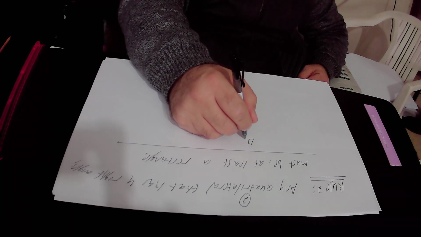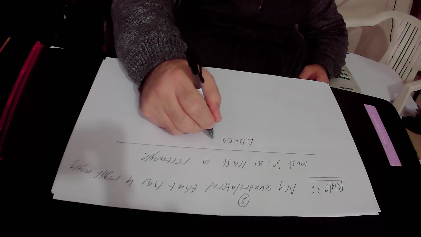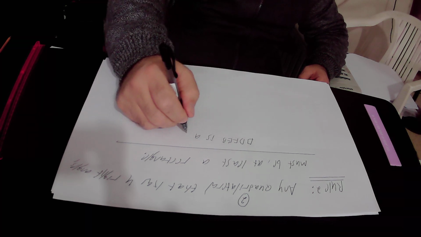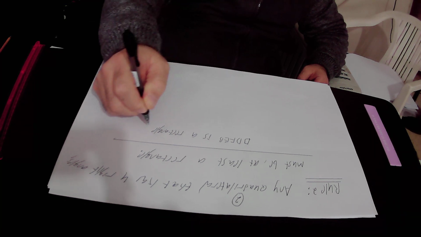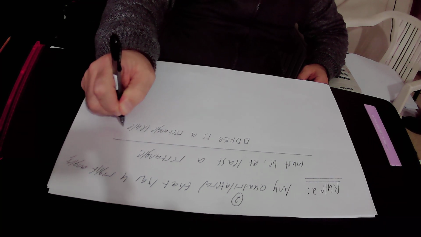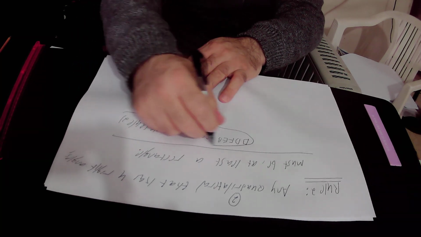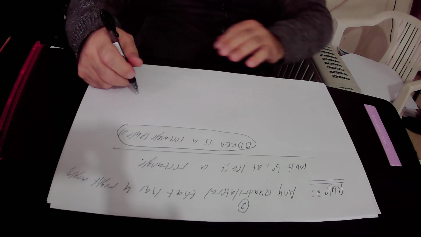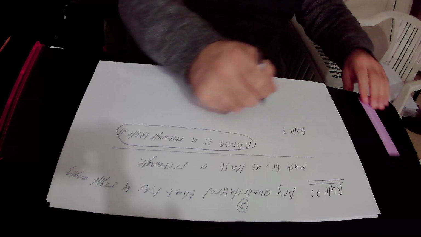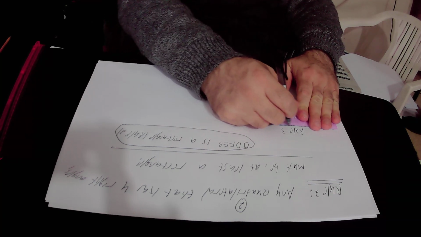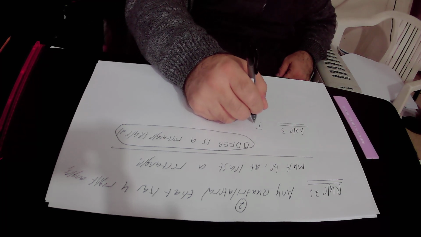So quadrilateral DFEB is a rectangle according to rule number 2. And we also have rule number 3. According to rule number 3, the opposite sides of a rectangle are equal to each other.